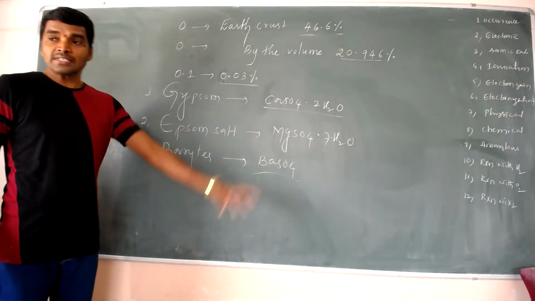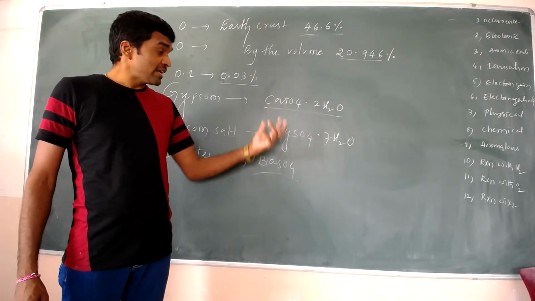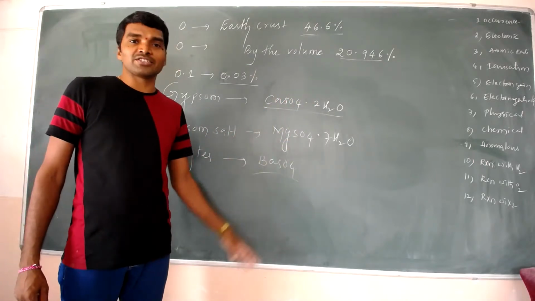So sulfur is available in the form of sulfates: gypsum, Epsom salt, as well as barytes.